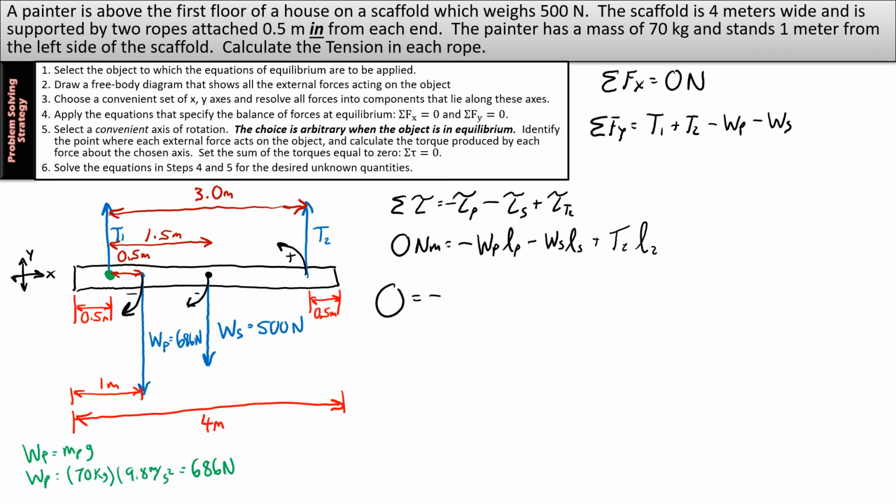So minus the weight of the person times the lever arm for the person, minus the weight of the scaffold times the lever arm for the scaffold, plus the tension, which we're looking for, T2, times the lever arm for the tension, which is 3 meters.